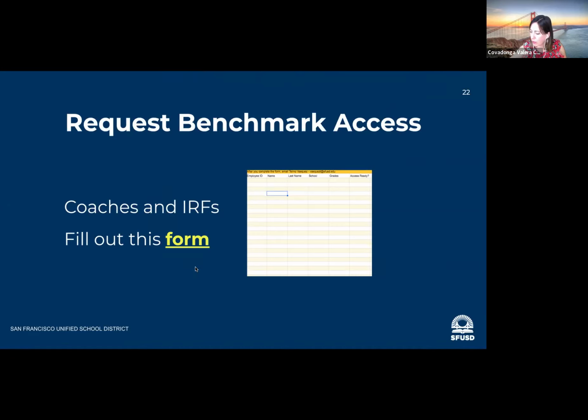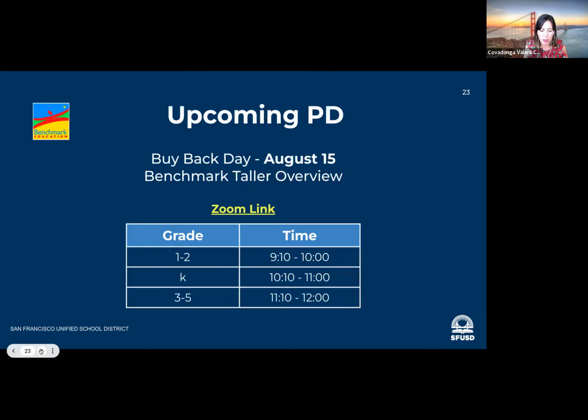For the other roles, we'll find out if we can add you, and we'll let you know. But if you're a coach, an IRF, or an artist, you can fill out this form and request access to Benchmark through Clever.